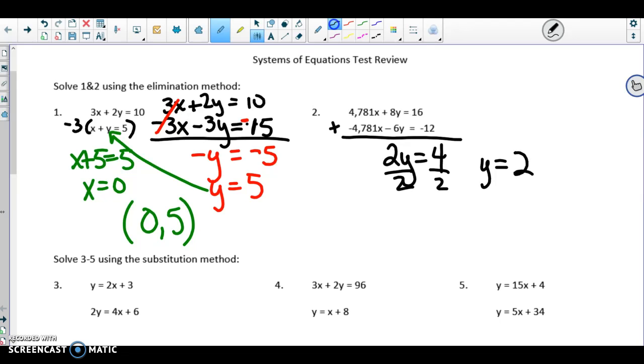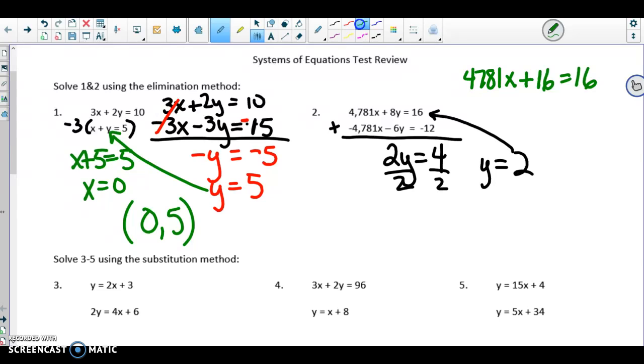Well, now we have to plug it in to come up with those values. So if I plug in the 2, I guess I'll plug it into the top one. I have 4,781x plus 8 times 2, which is going to be 16, equals 16.